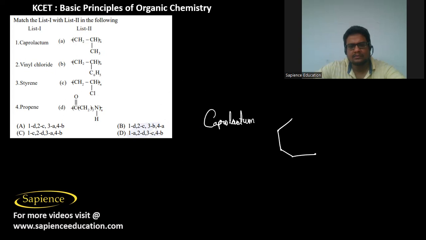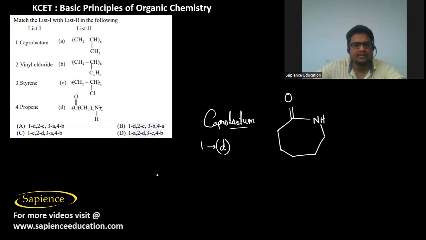So this is called caprolactam, which is a 7-membered ring where one nitrogen is there in the ring, and the remaining are 6 carbon atoms. So it means that 1 will match with D.